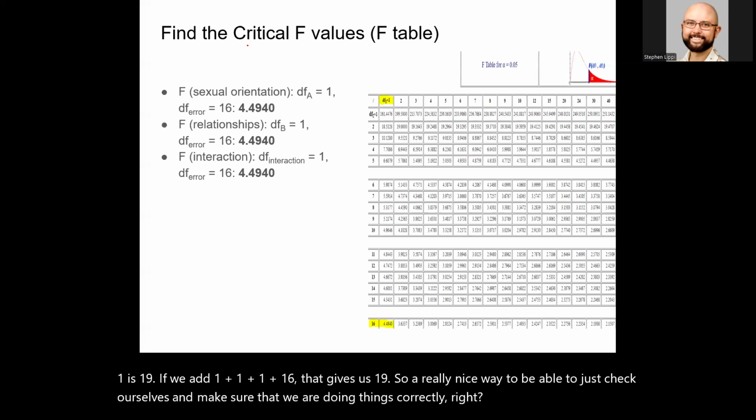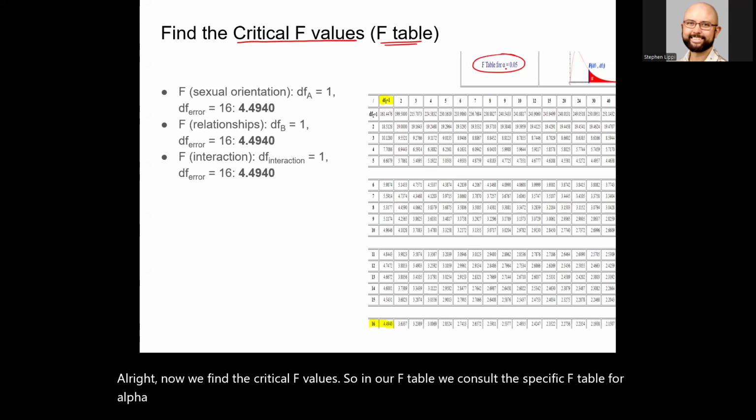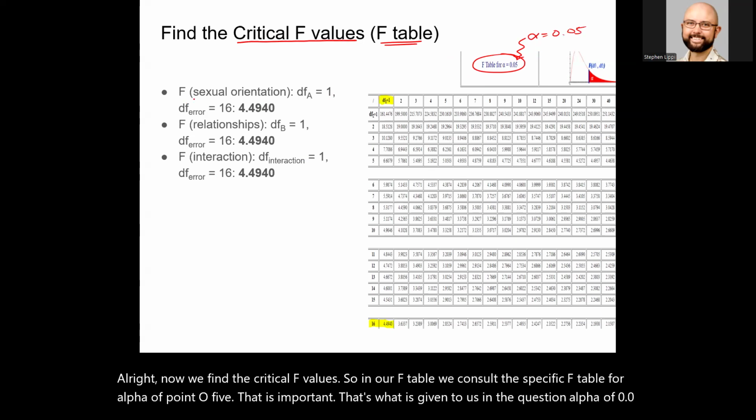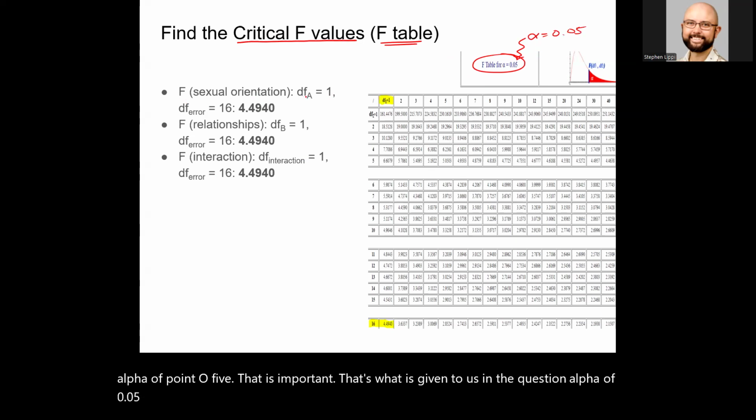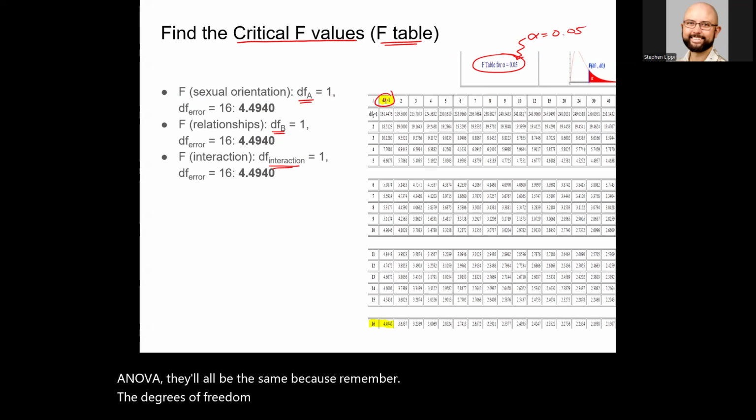All right. Now we find the critical F values. So in our F table, we consult the specific F table for alpha of 0.05. That is important. That's what is given to us in the question, alpha of 0.05. Now, for our F value for our factor A and factor B and interaction, in a 2x2 ANOVA, they'll all be the same because remember, the degrees of freedom for each of them is 1 for the between groups.